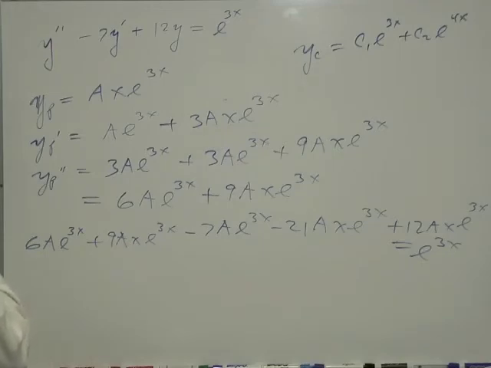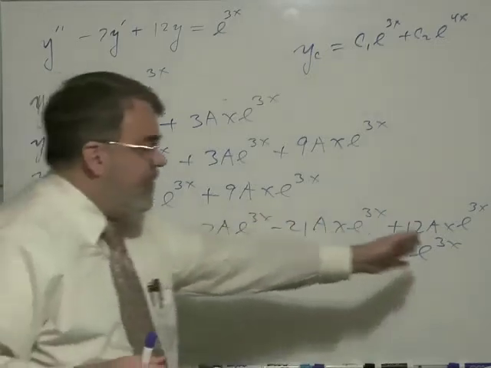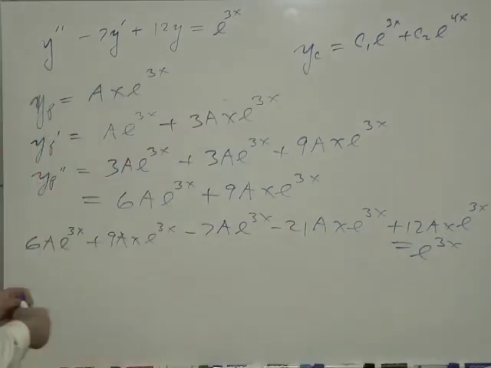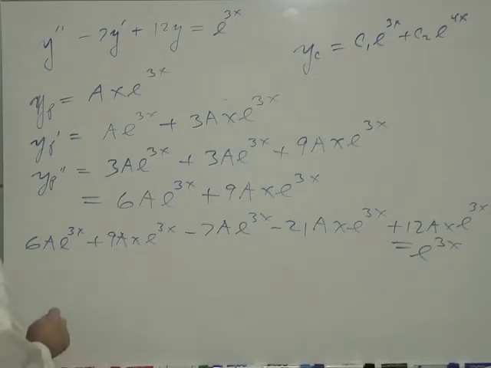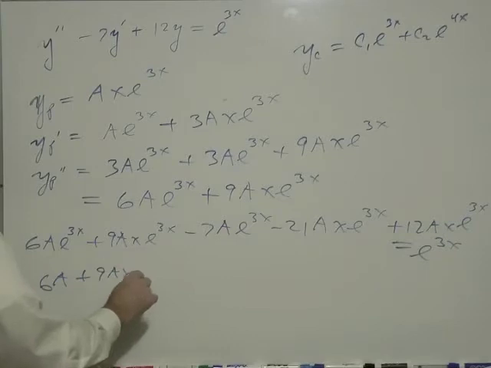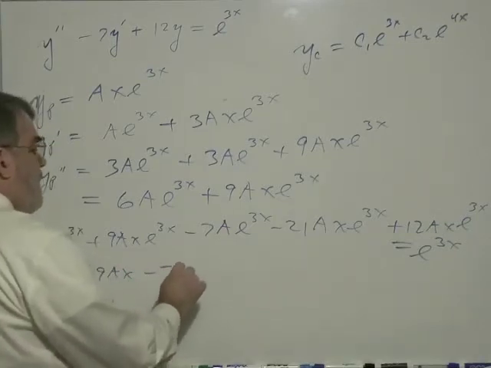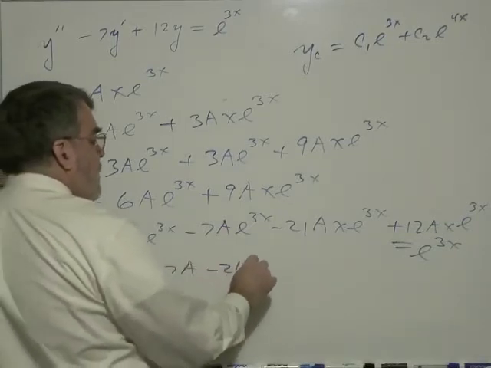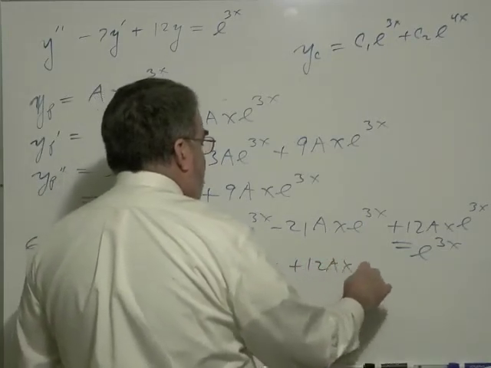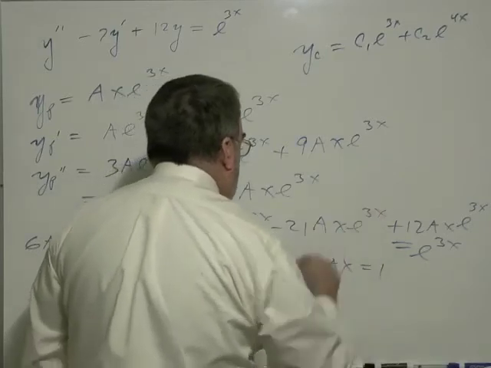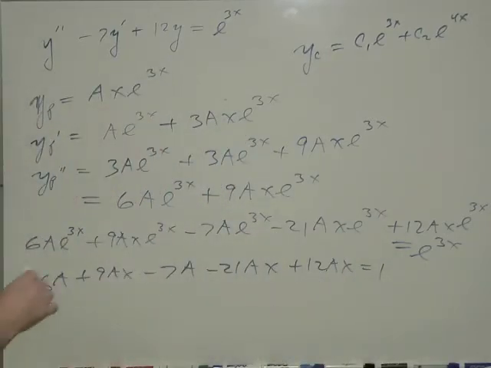So now I can divide off the e to the 3x's, because it appears in every term, and e to the 3x is non-zero anyway, so we can safely divide. This gives us 6a plus 9ax minus 7a minus 21ax plus 12ax equals 1.